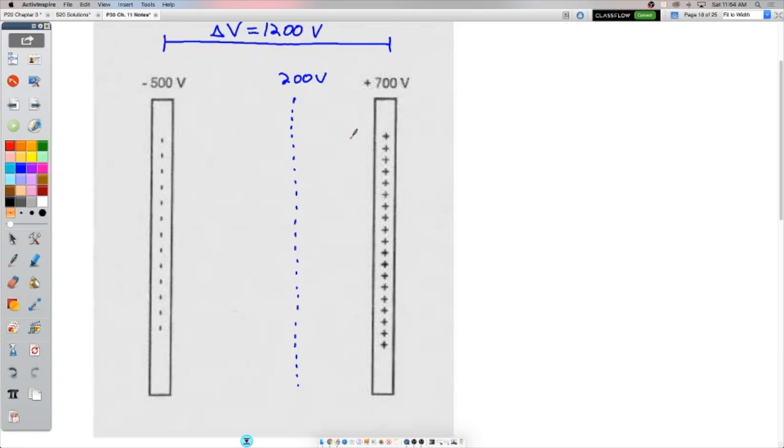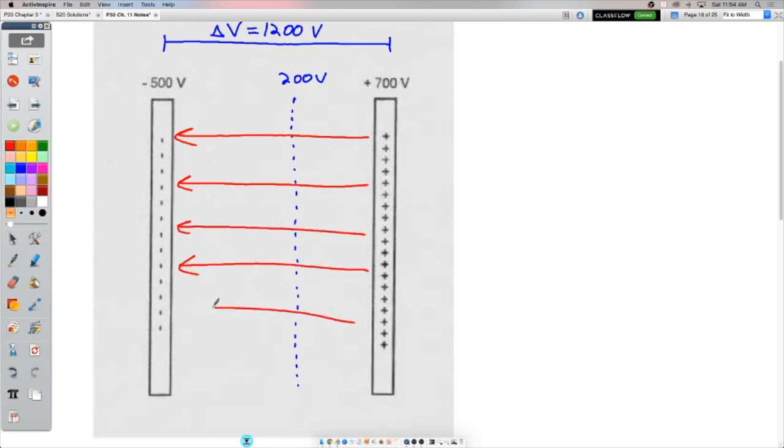So if I'm a positive charge, which way am I going to be pushed in this field? Am I going to be pushed towards the positive plate or away from the positive plate? If I'm a positive charge, like charges repel, so I'm going to be pushed away from the positively charged plate. I'm also going to be pulled towards the negatively charged plate because opposites attract, like repel. So those are the electric field lines.